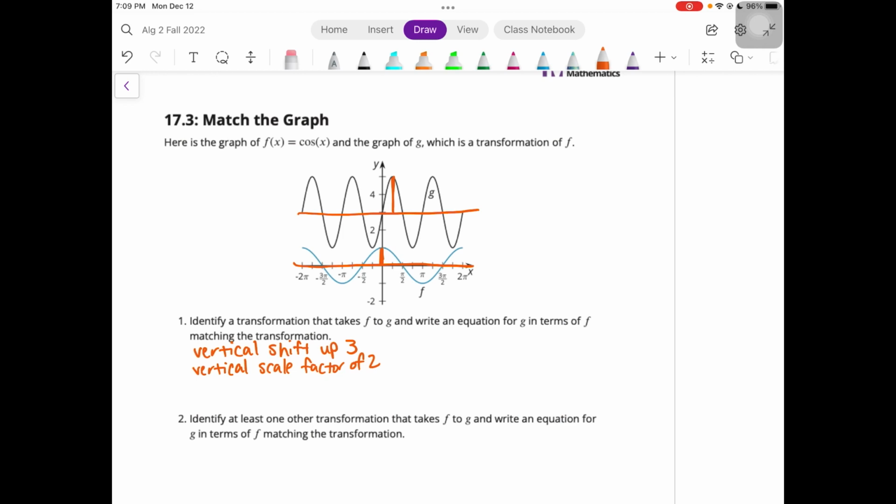All right, let's see. We have a horizontal scale factor.